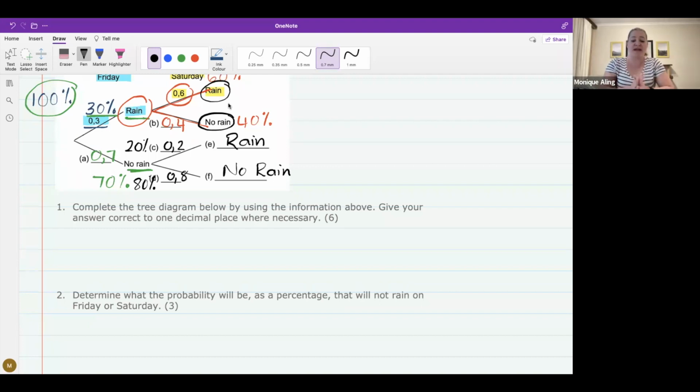Determine what the probability will be as a percentage that it will not rain on Friday or Saturday. It will not rain on Friday or Saturday.